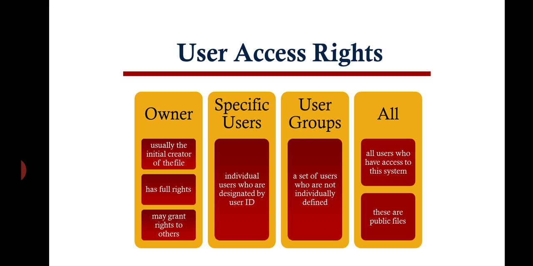Whoever creates the file is called the owner. Special means we can give the permission only to a few users. Others means everyone. Group means that particular BCA group, or BSc group. They can use it, and they are called users. Then all users means we can give the permission to the owner, then special users and users of the group.